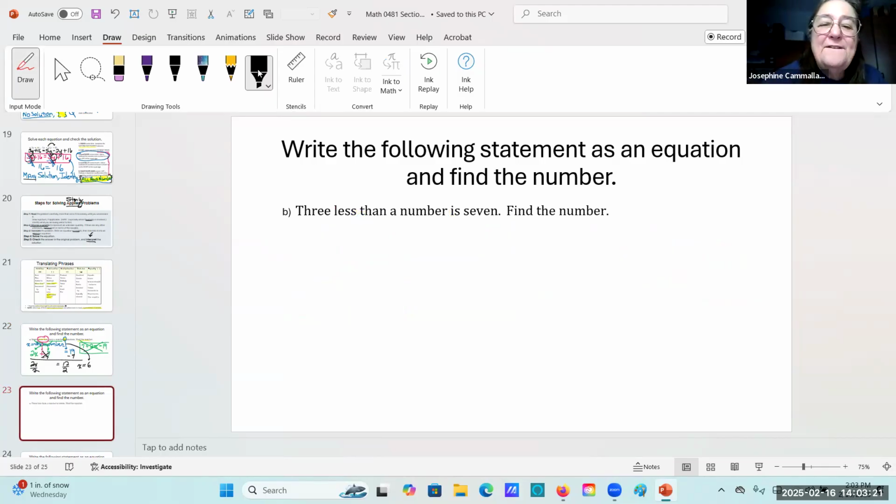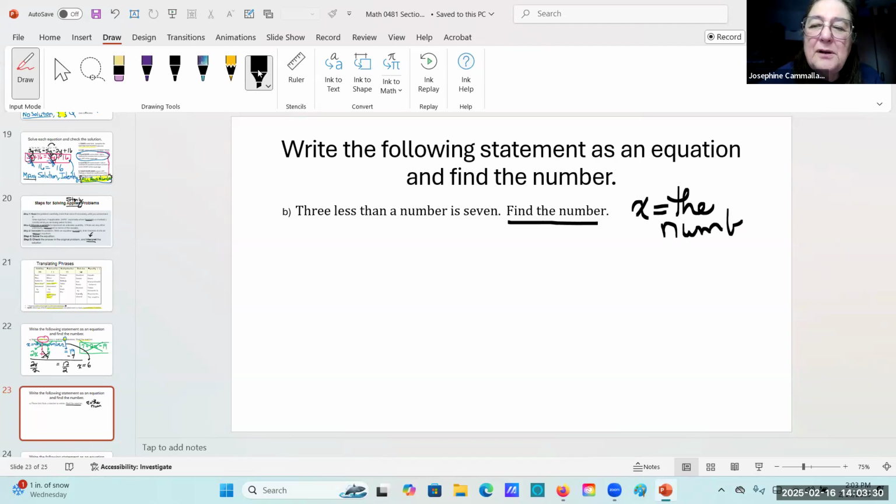Here we go. Find the number. X is the number. All right. "Is." And notice, I haven't even read the story problem yet, but I found the "is," and the "is" I know is equal. And then, here we go. 3 less than a number is 7.